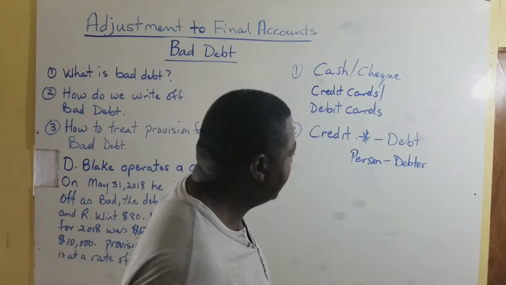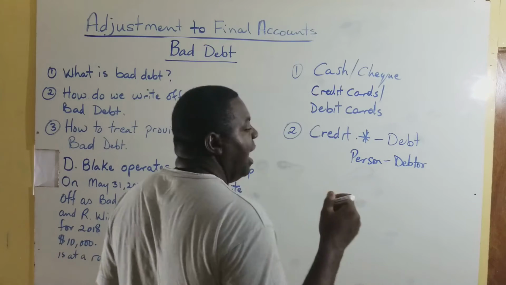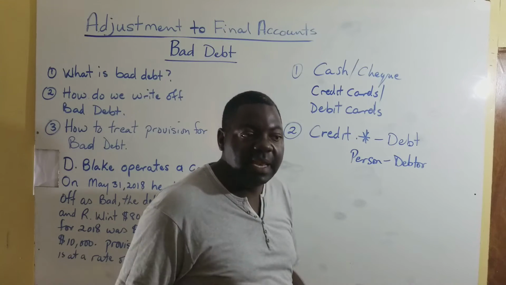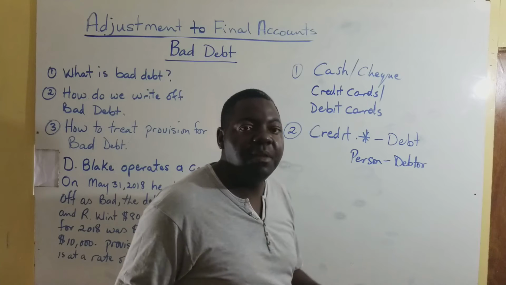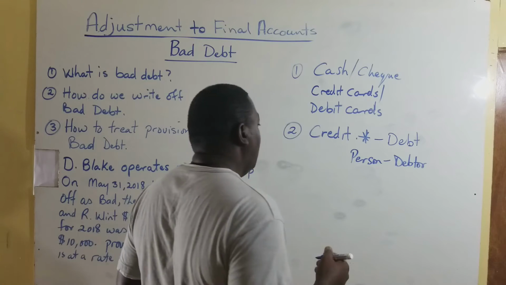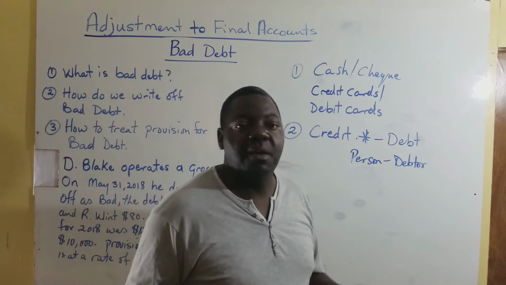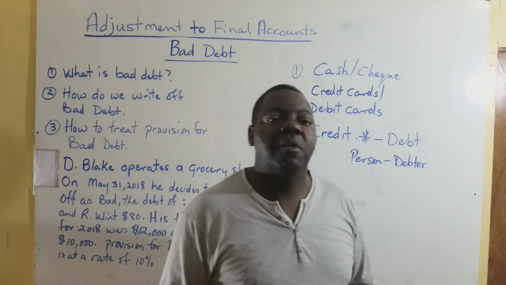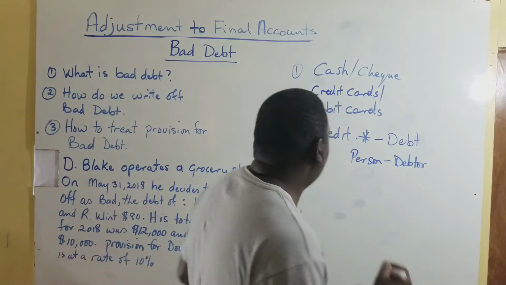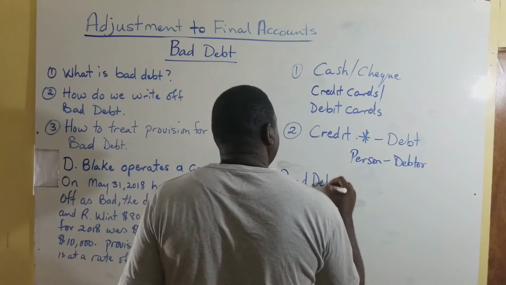So when we have a difficulty in obtaining payment from our credit customers, then after some time we may decide that we cannot get the payment from them, and so we're going to write it off as bad. So then we come to the idea of bad debt.